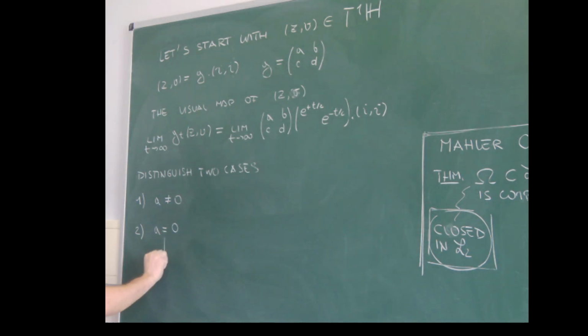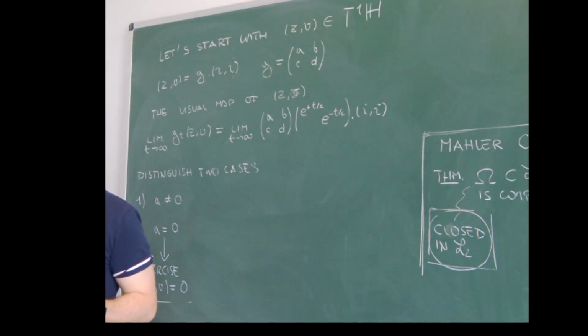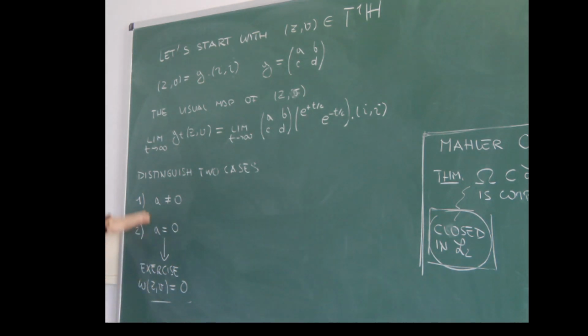In the second case, exercise, omega ZV is equal to 0. So this case here is somehow not important. We're not really concerned about this case. Let's look at case number 1, which is the most important.